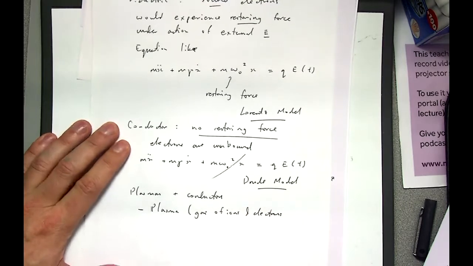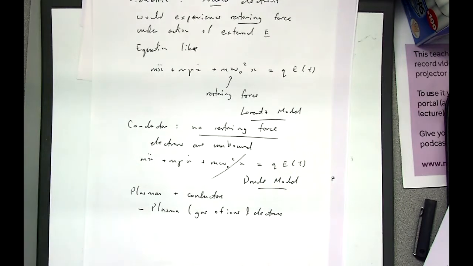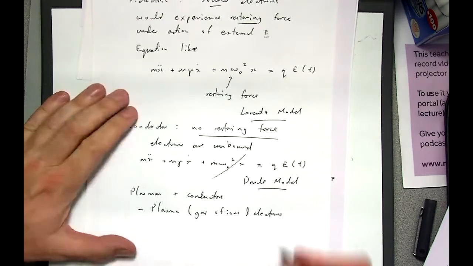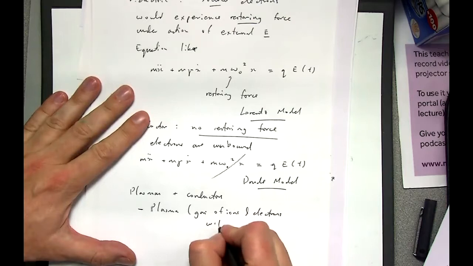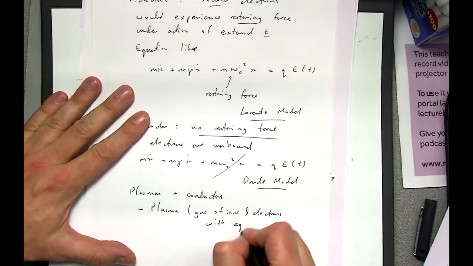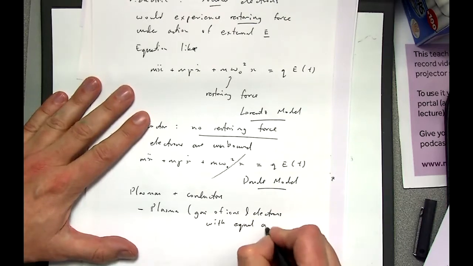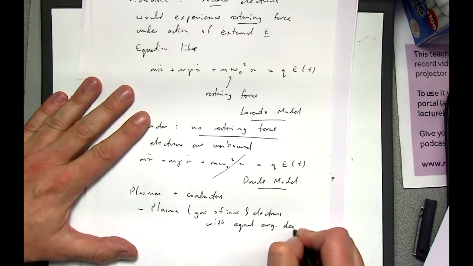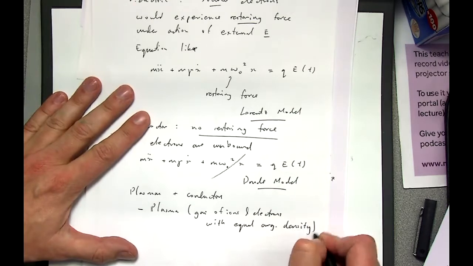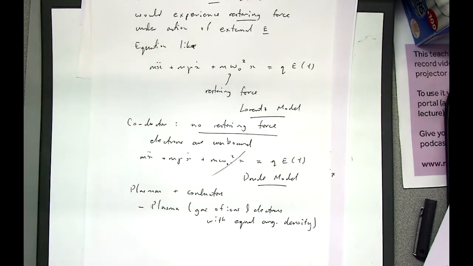To start with, we'll think of them as having the same number density, which presumably means the ions are singly charged. So we have equal average density, but we'll see in a minute that the average density is not the same thing as the local density. They are also, obviously, electrically neutral. There are non-neutral plasmas. We're not going to talk about those.